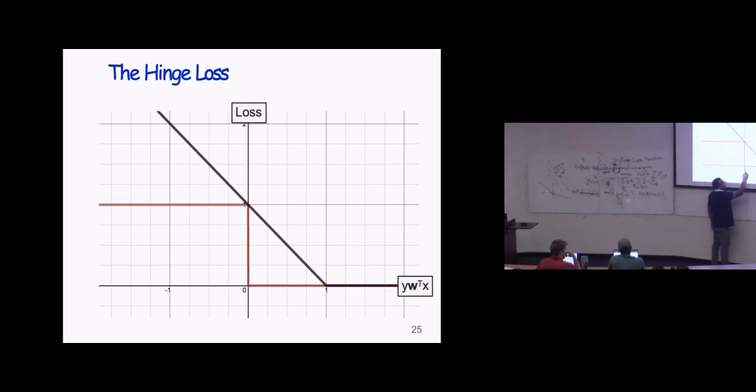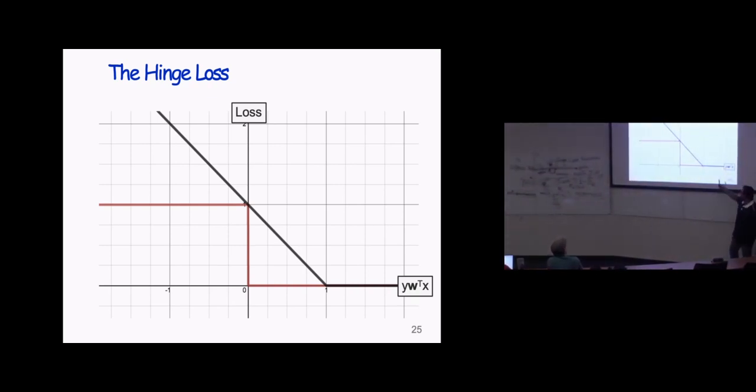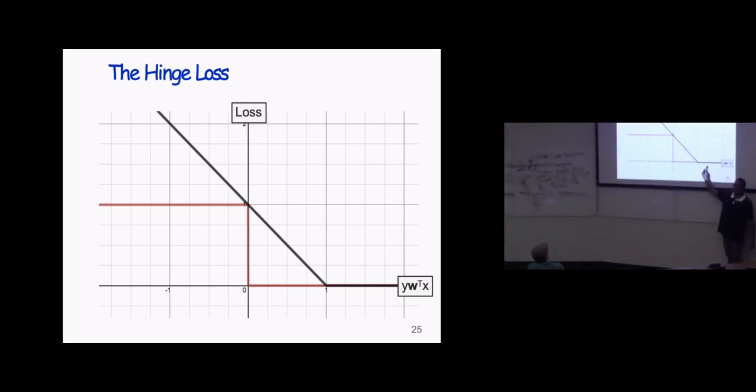But even if you do a correct classification, if you are within that margin, the maximum margin, you still get a penalty. You only get 0 penalty if your dot product is greater than 1, which is the maximum margin that you want. It is essentially saying this is greater than gamma.